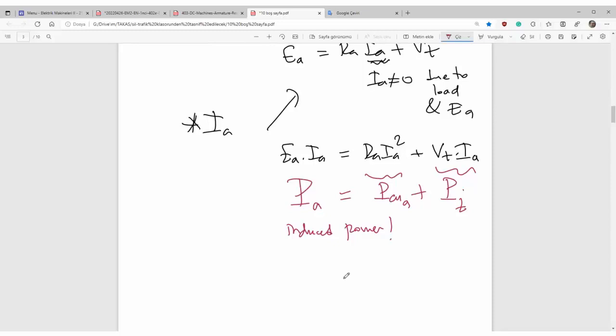So in a generator, here is the induced power. You have lost some of the induced power in copper loss in the armature, and then the rest of the power will be transferred to the electrical world, the terminal or electric load. Vt times armature current.